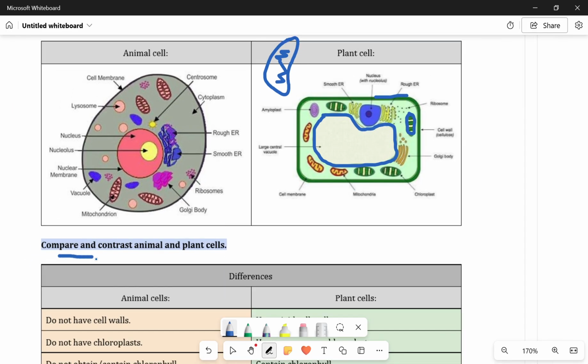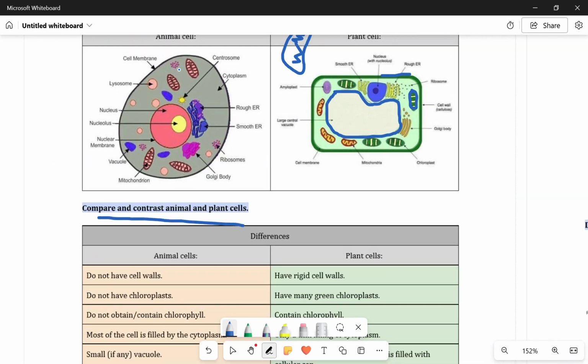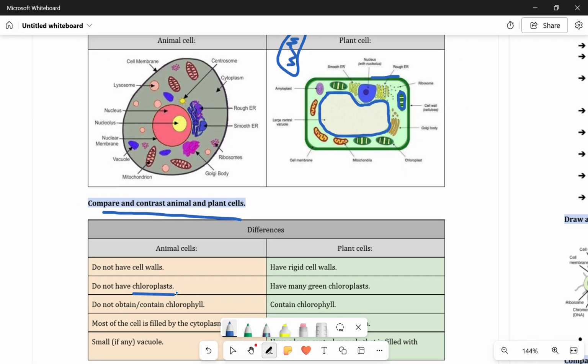If you have to compare and contrast animal and plant cells, animal cells do not have a cell wall. They do not have chloroplasts because they are heterotrophs, which means they feed on other organisms for their nutrition. They don't need sunlight to make their own food, so they don't photosynthesize and therefore do not have chloroplasts. If they do not have chloroplasts, they do not have chlorophyll.